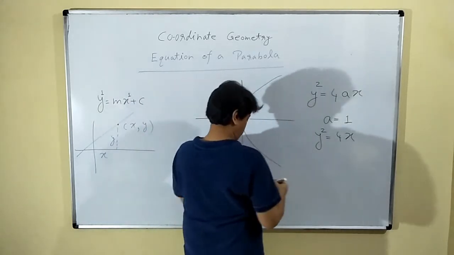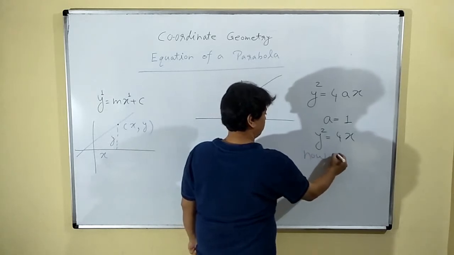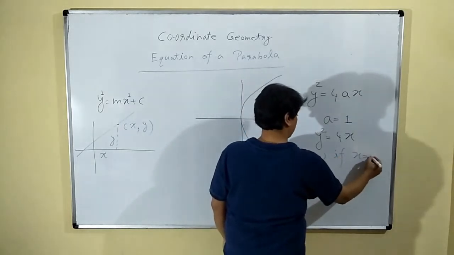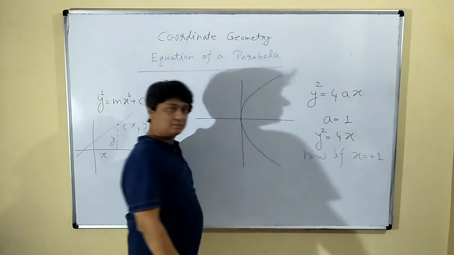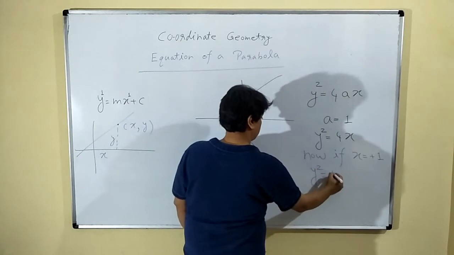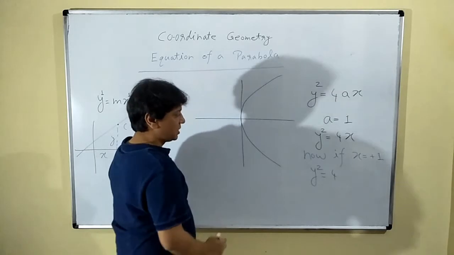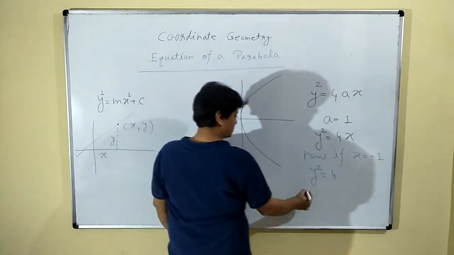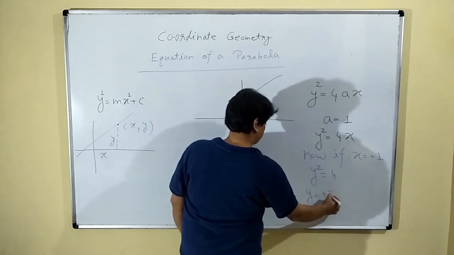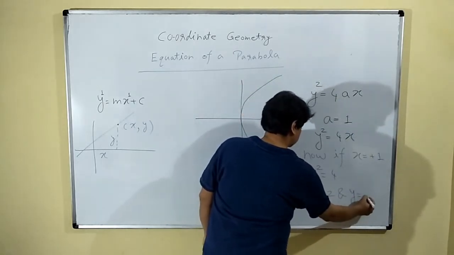Now, if you take x equals to plus 1, then y square is coming 4. X is 1, y square is coming what? 4. Y square equals to 4 gives us y as plus 2 and y as minus 2.